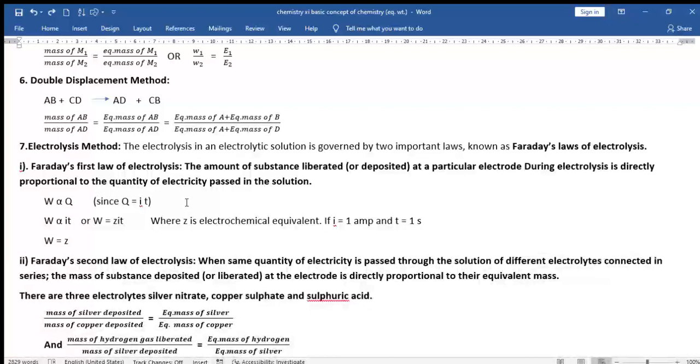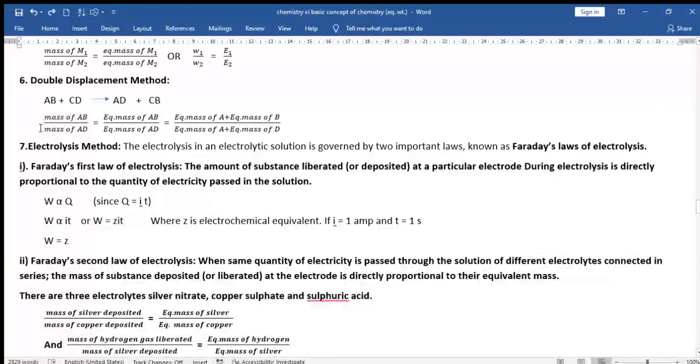As written here, the equivalent mass of AB is equal to the equivalent mass of A plus the equivalent mass of B. Similarly, the equivalent mass of AD is equal to the equivalent mass of A plus the equivalent mass of D. So if we know the equivalent masses of any two constituents, we can find the equivalent mass of the third one, and we also know the masses of the reactant and product of the compound from which the substance is made.